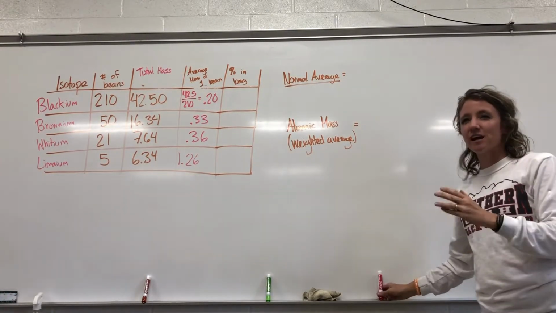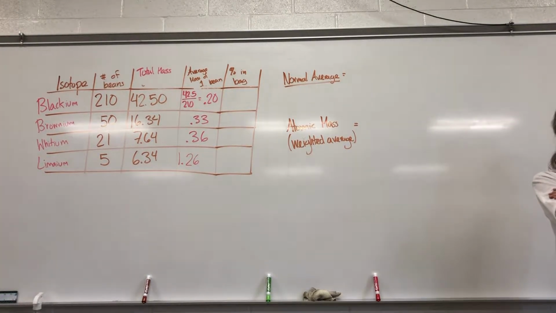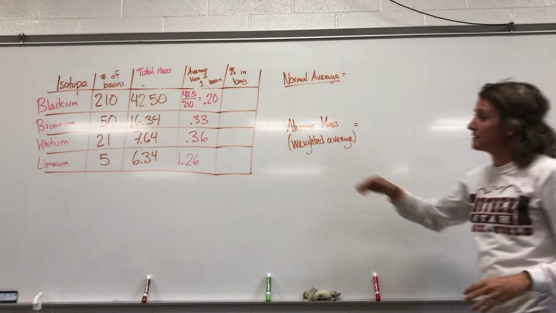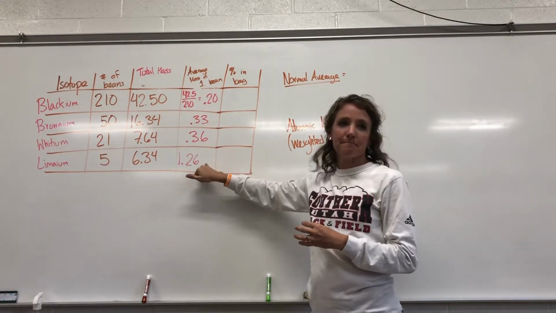So in general, can someone explain to us, by raising a hand, how do I calculate an average of something? Like what's the process you do, Kens? Good, so we would add them all up. So we have 4 isotopes, right? Blacium, brownium, whitium, limium.